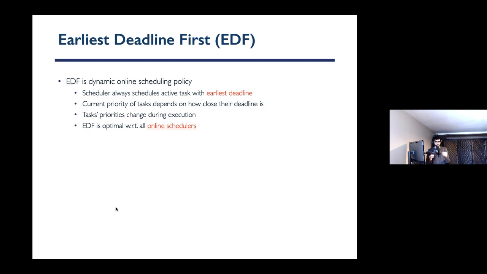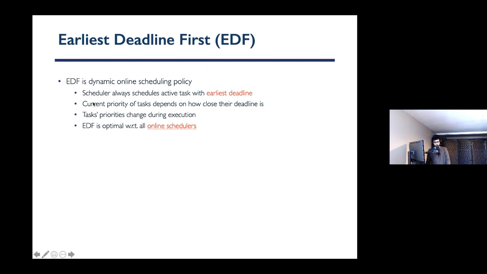It assigns higher priorities to tasks that have earlier deadlines. If I have two jobs, and one of them has an earlier deadline, it gets higher priority compared to the other one. We'll see examples of this.